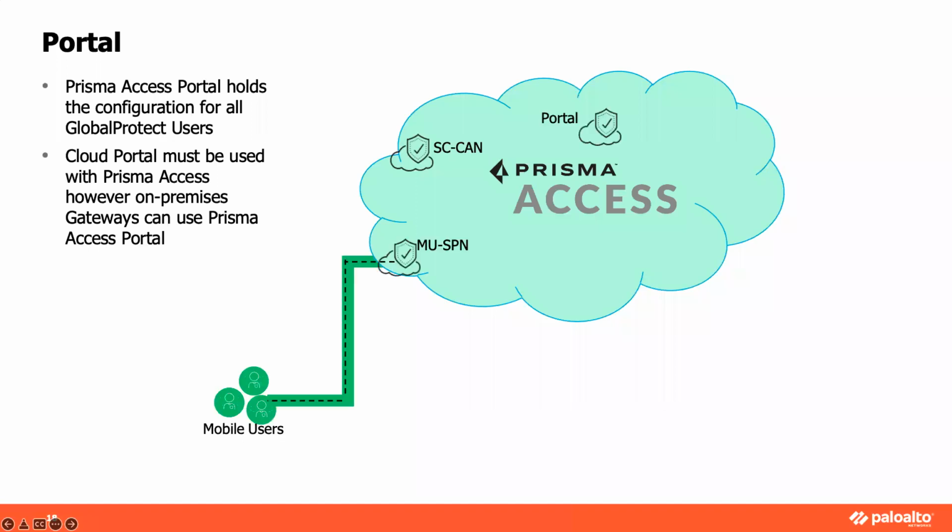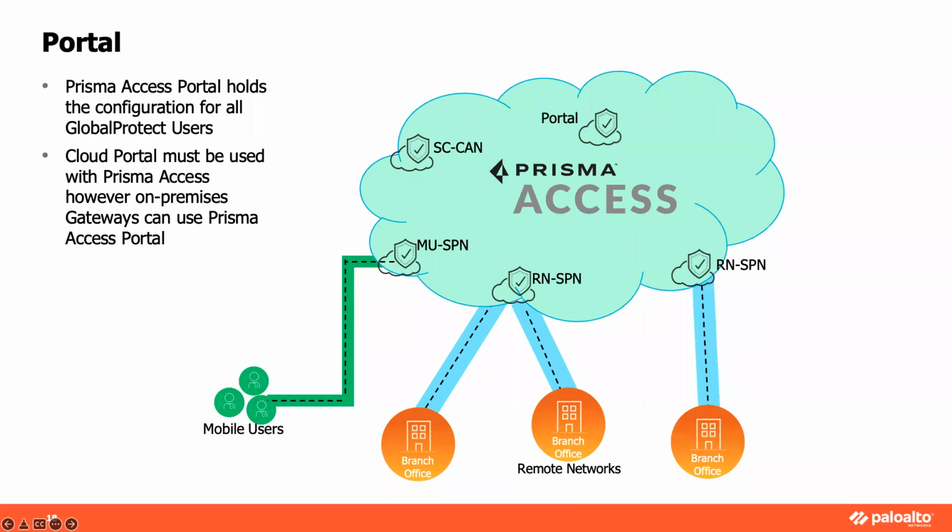The second big piece is for mobile users. So remember, we got everybody sitting at home now. They used to go to the office. They don't go to the office anymore. They got to get out to the internet. And we can basically do the same idea. We can have what we call MU-SPNs, mobile user SPNs, that are deployed in locations close to your users.